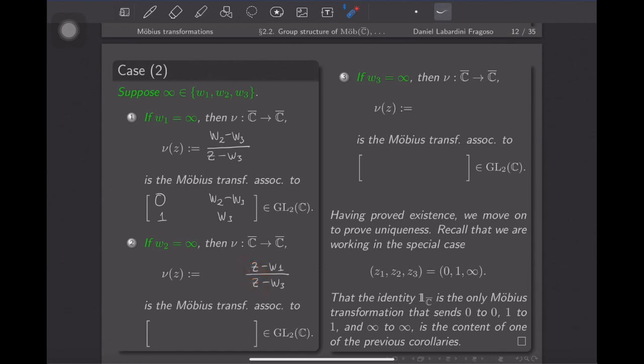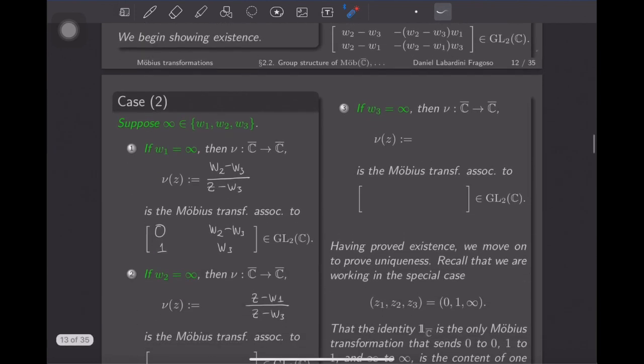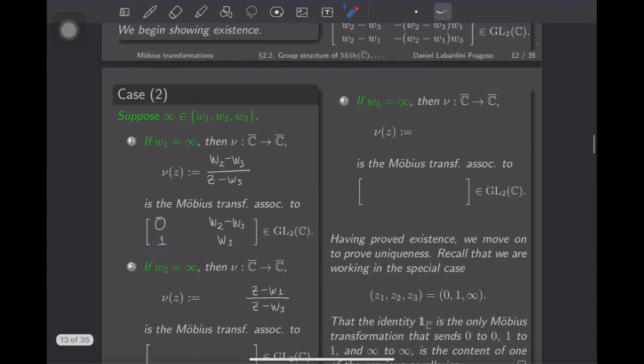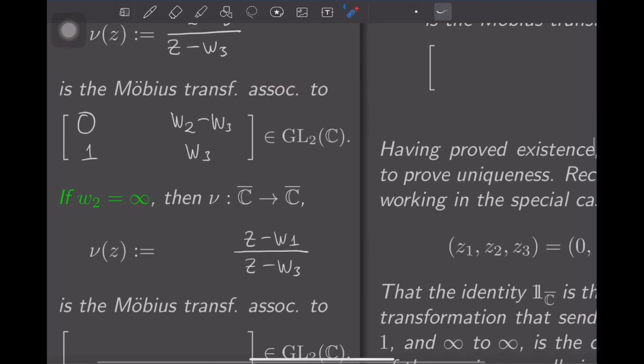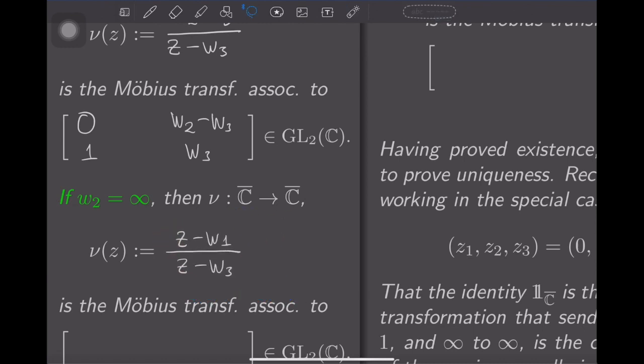Sorry, I'm doing it the other way around. I want infinity to go to 1. Sorry. I want infinity to go to 1, which means I just leave it like this. Yeah, and then I check.